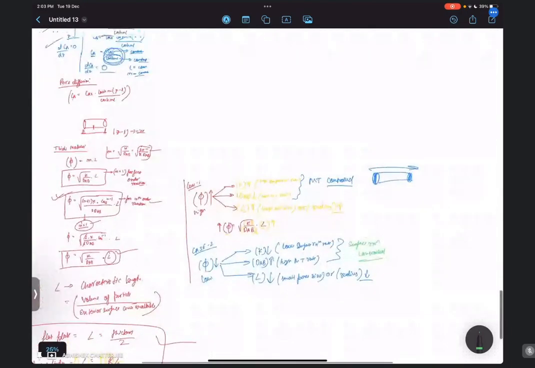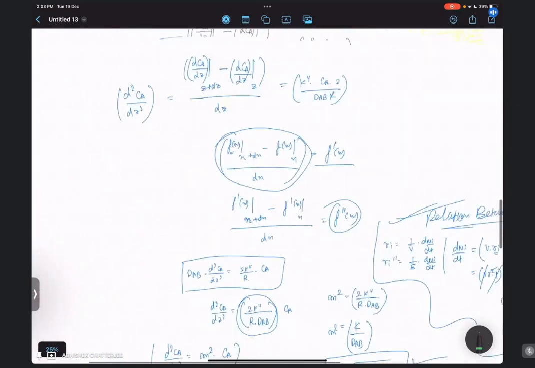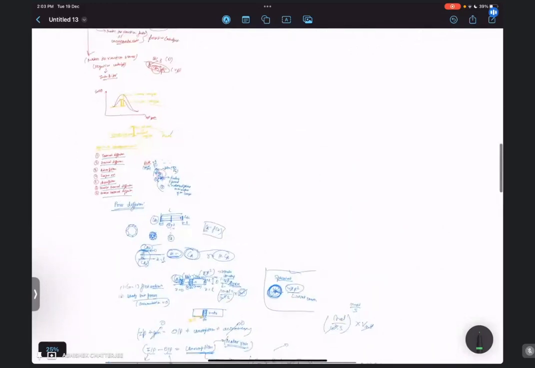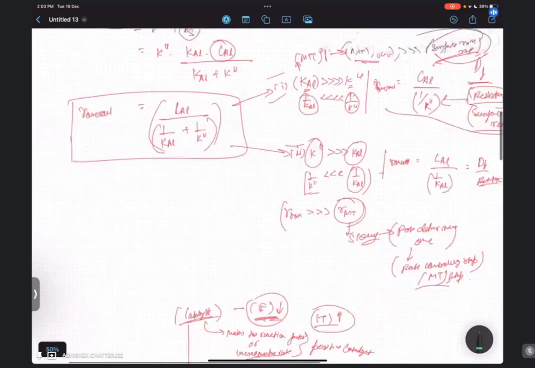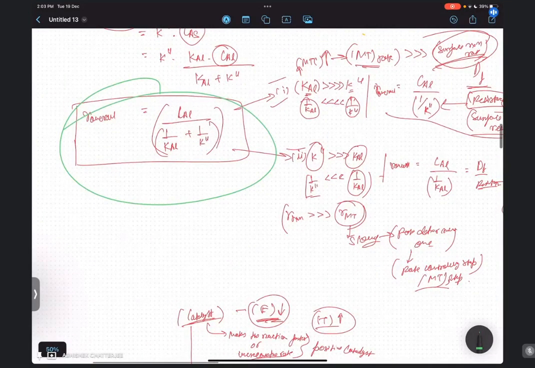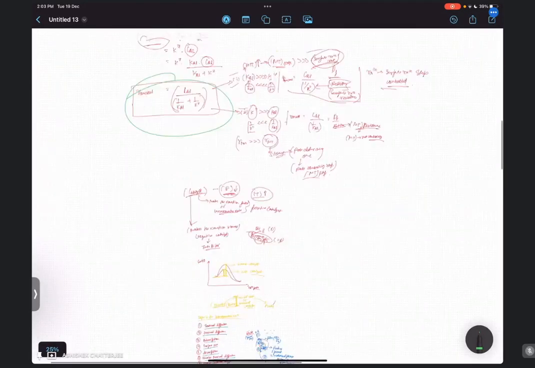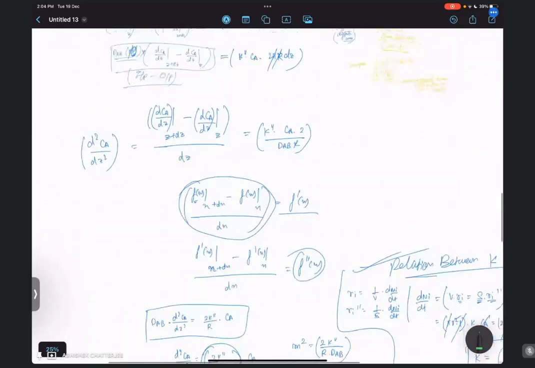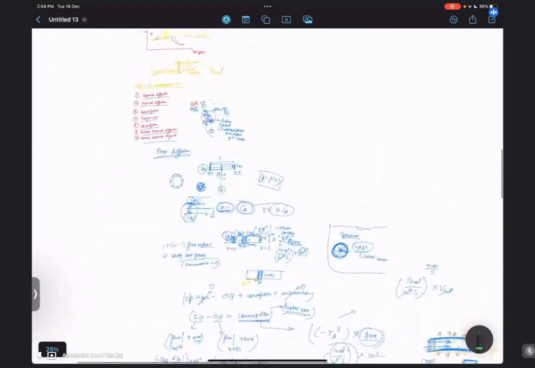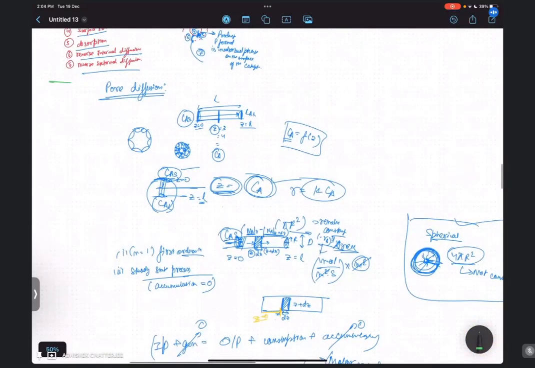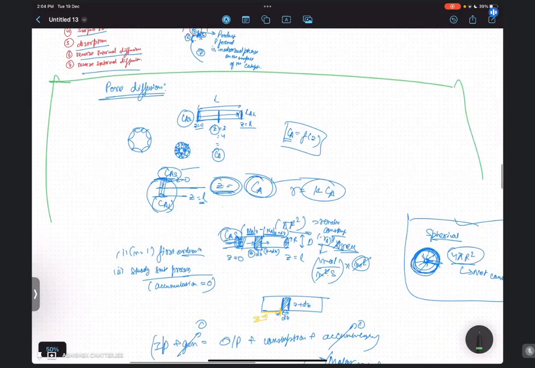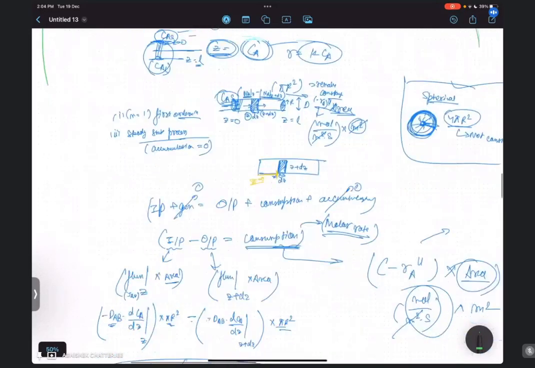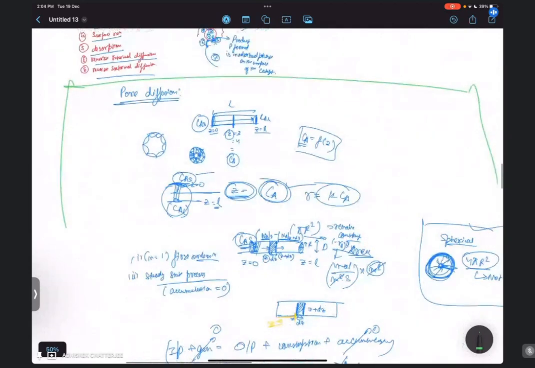Okay, this is one. Or at the beginning we discussed one method, that if the overall rate of reaction is given in this format, from here also you can decide based on these cases which step is controlling. However, this is for pore diffusion. Please remember, this entire thing we are studying is for a specific case, that is pore diffusion, a specific kind of diffusion.